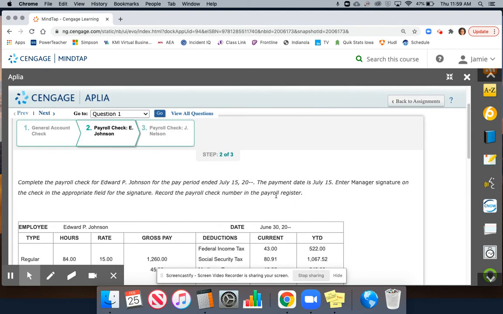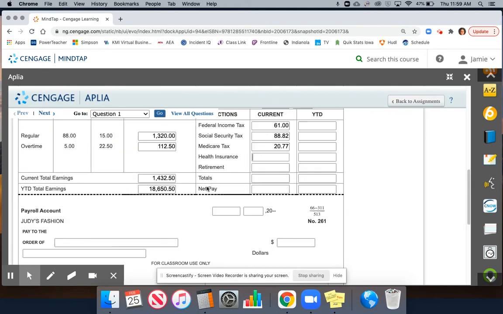And then our instructions say that we gave $60 for health insurance and $15 for retirement every month. Our total deductions were $245.59. Net pay, that's total current earnings minus deductions. So our net pay, $1,186.91.